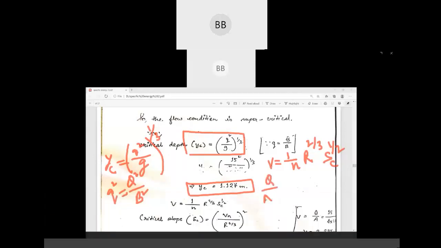The n value is already given. A slope we need to determine. Velocity we can write as Q by A, and using Manning's equation, 1 by n R to the power 2 by 3 and Sc to the power half, we need to find out the critical slope.